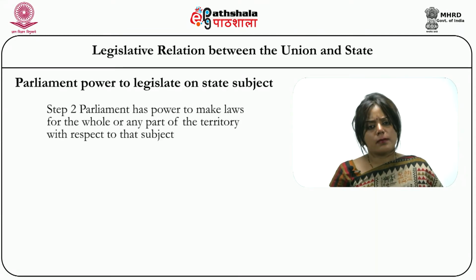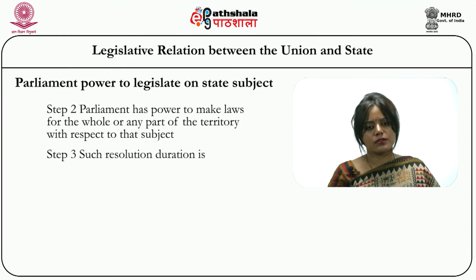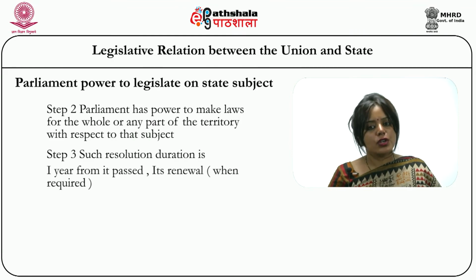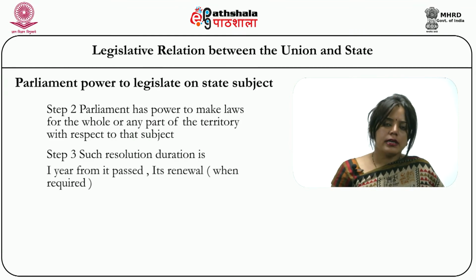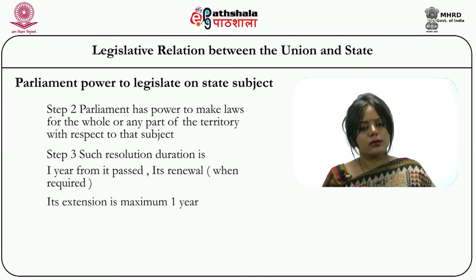In the second step, Parliament has power to make laws for the whole or any part of the territory with respect to the subject. The third step is that such a resolution's duration is 1 year from when it is passed. For renewal when required, the extension can be a maximum of 1 year.